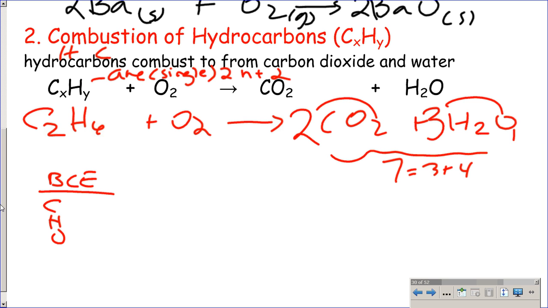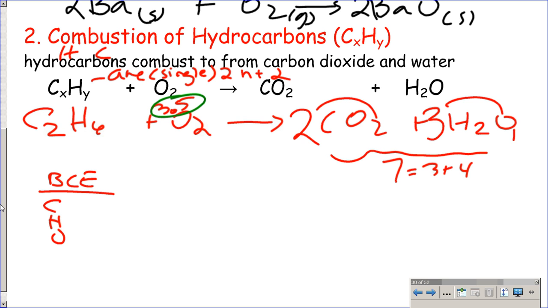Okay, hold on. So normally 2 times something is 7. That's a 3.5, right? But you shall not put decimals or fractions as coefficients, okay? So 3.5 needs to be brought up to the least common multiple. I feel like that's what it's supposed to be called. Okay, so basically if you ever get something that's a 0.5, you got to multiply it by 2 to get it to a whole integer, yes?